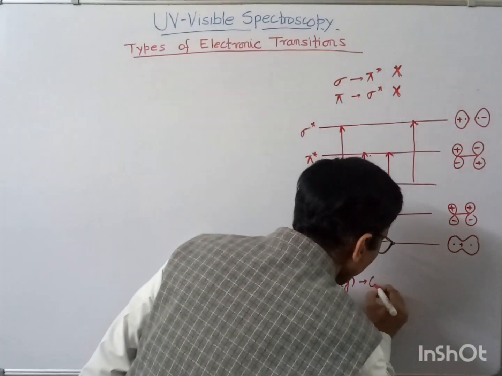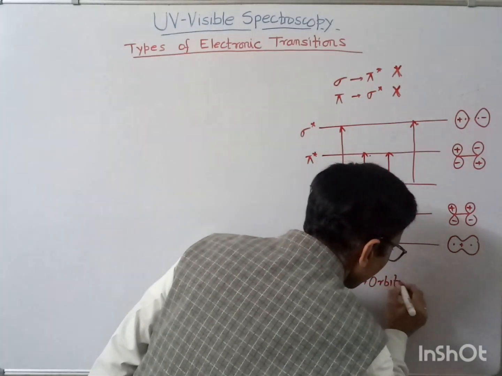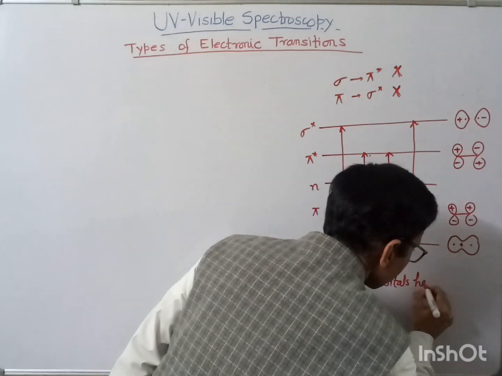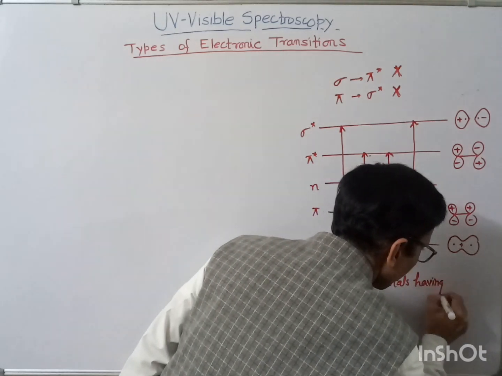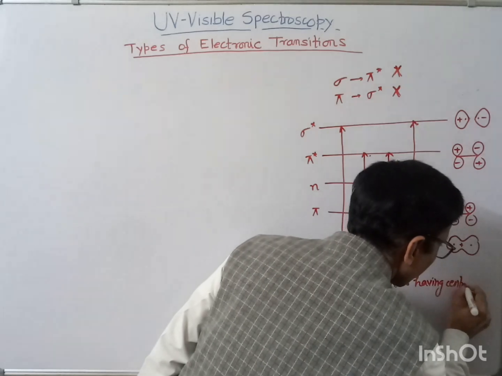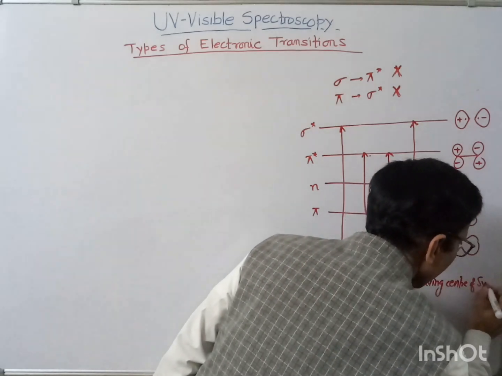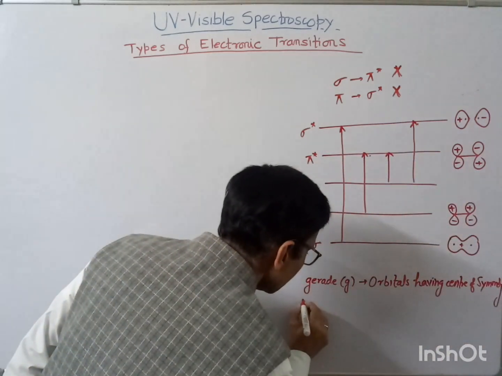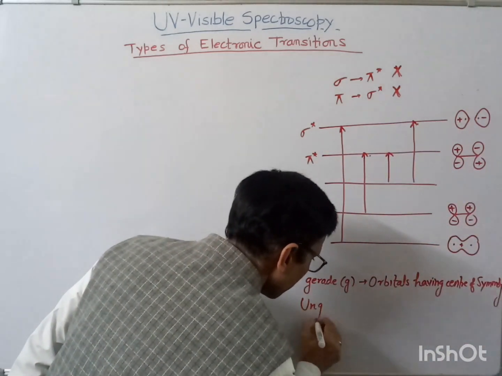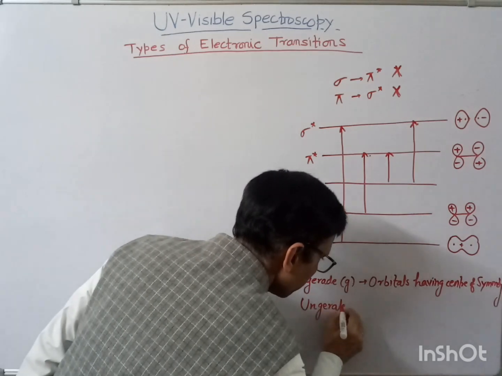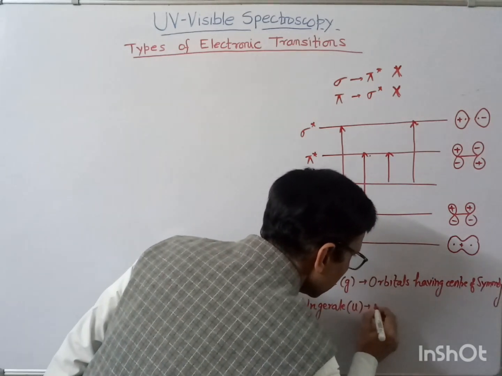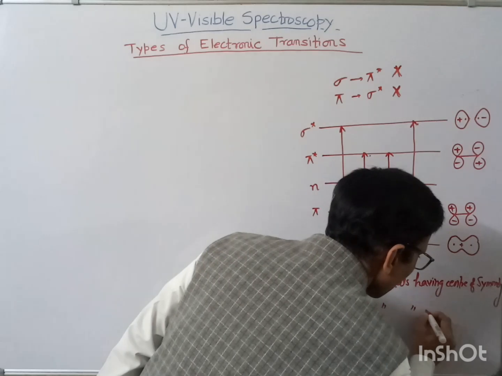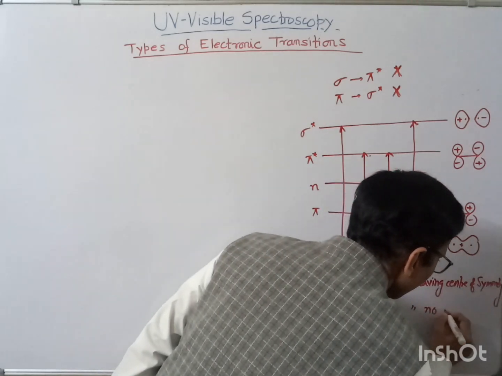Whereas ungerade, or non-gerade orbitals, are represented by U, and these are orbitals having no center of symmetry.